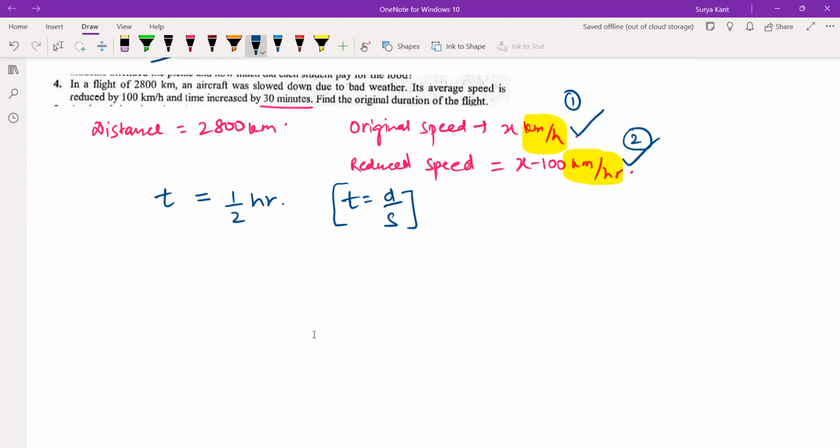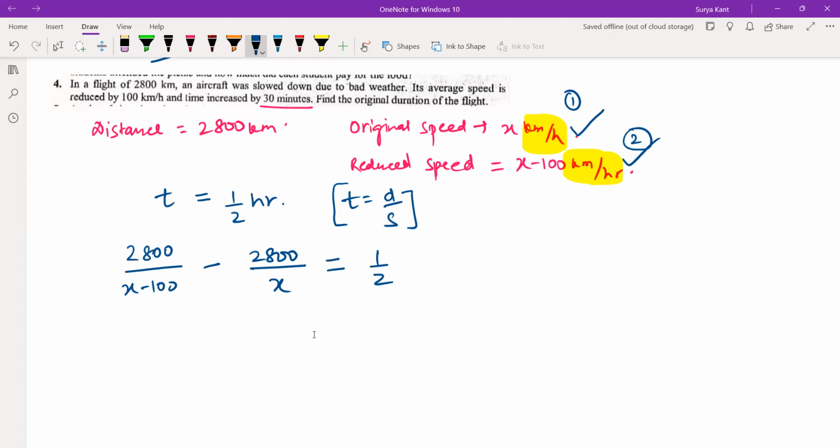Which goes slow will take more time. So distance will remain the same, 2800, and for time we write x minus 100 because this will take more time. Minus 2800 divided by x. And the difference of the timing is half. So the left hand side becomes time and the right hand side also becomes time.